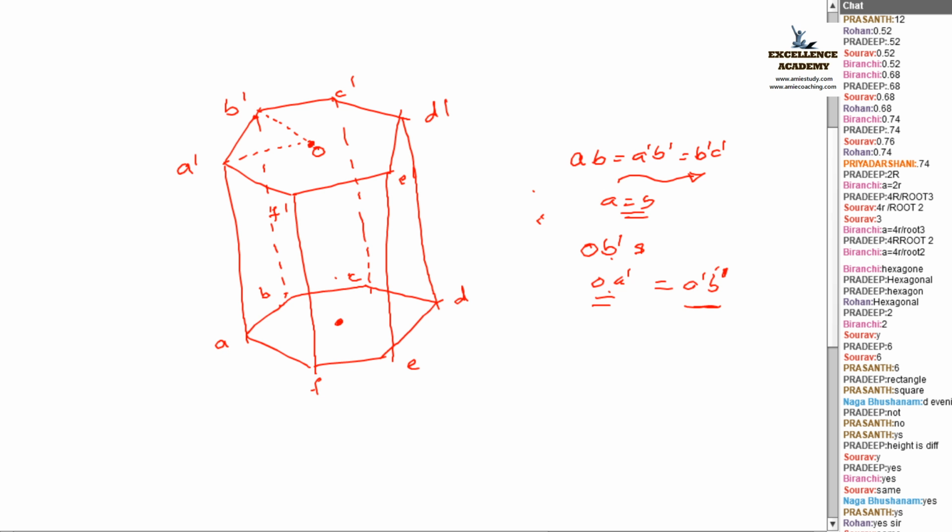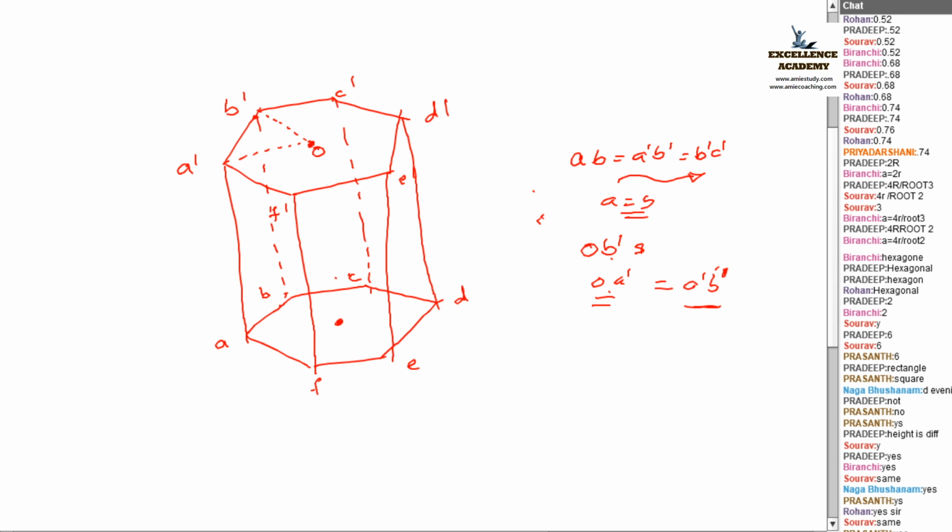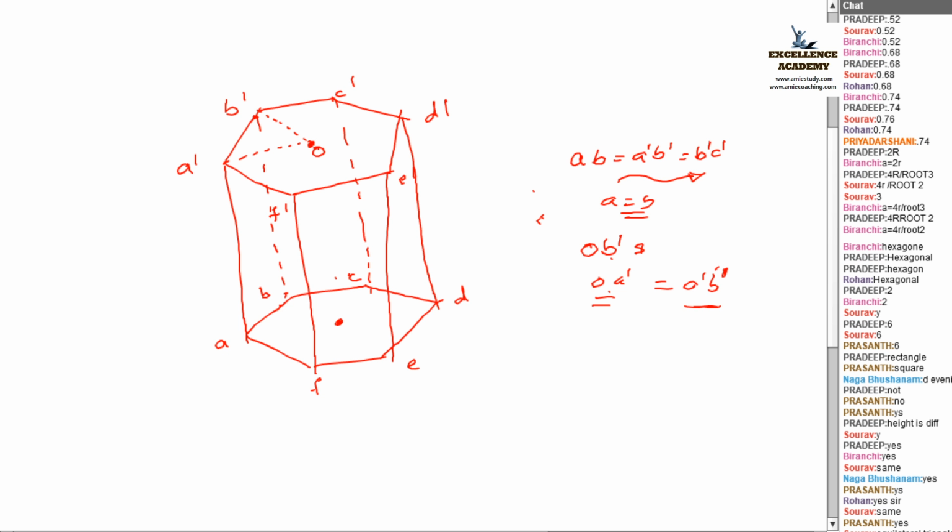Is it clear to all? O dash B dash and OA dash. Sorry, O A dash. That is equal to A dash B dash itself. That means this length is also equal to what? This length is also equal to A itself. A equals B equals A. So that A itself is that length. Okay, keep it in mind.